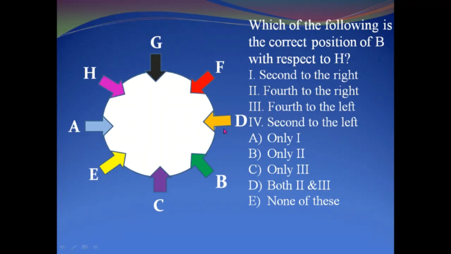I can conclude that B is fourth to the left of H and B is fourth to the right of H. Okay. So both 2 and 3. So the answer will be option D.